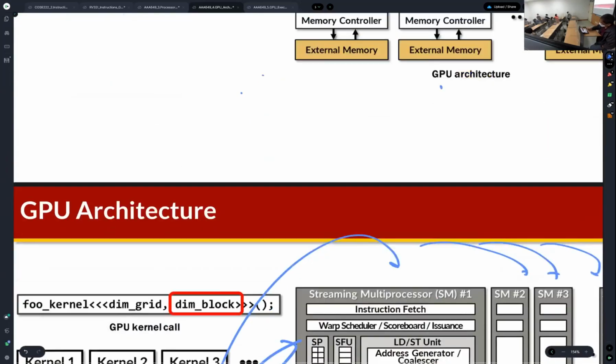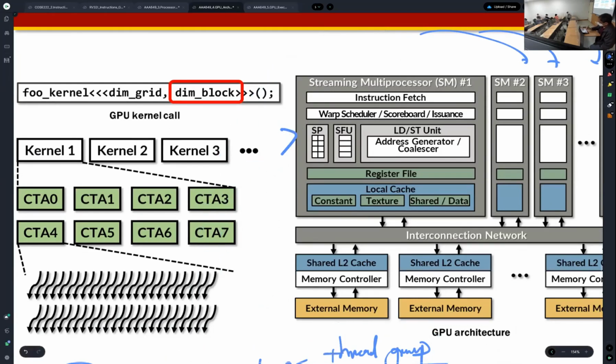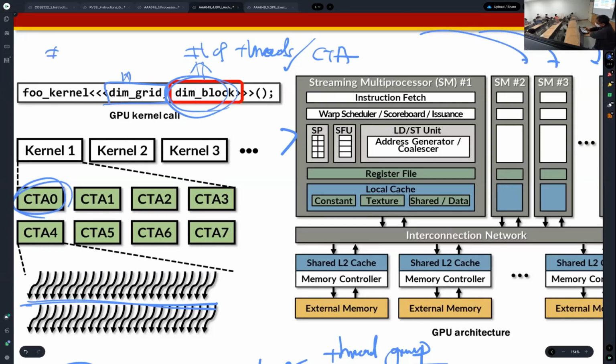Then, using the dim block, each CTA generates the threads. So in the kernel declaration, dim block decides the number of threads per CTA, and dim grid decides the number of CTAs per kernel.